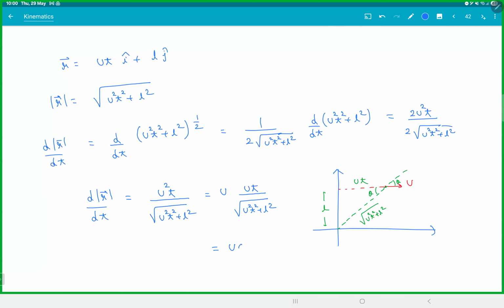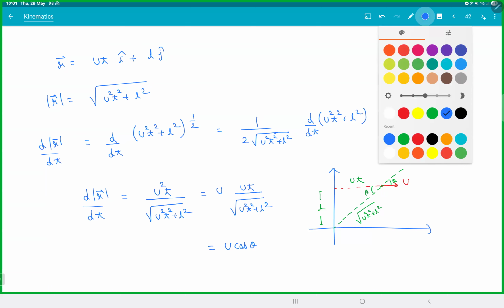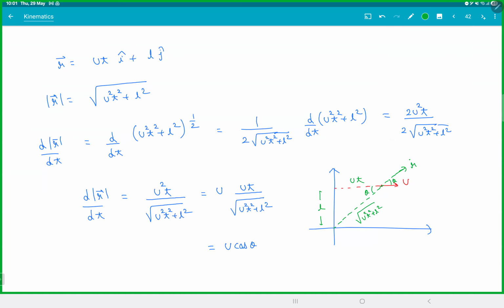This is nothing but u cos theta, where theta is the angle between the position vector and the velocity vector. So d mod r by dt is not u, but it is u cos theta.